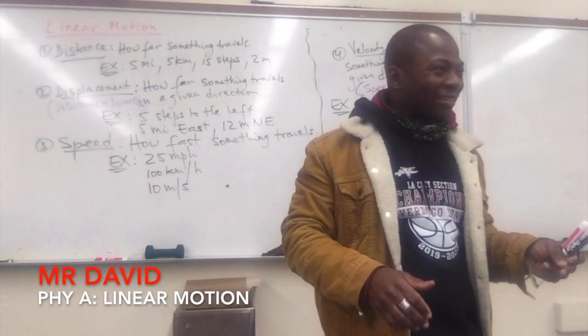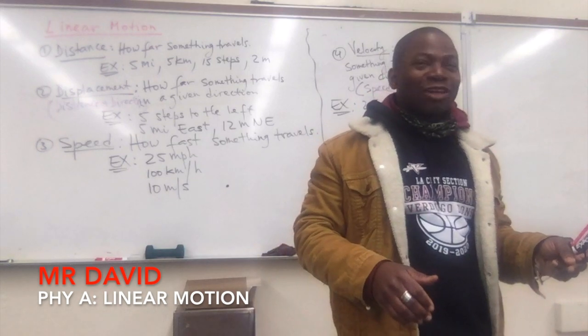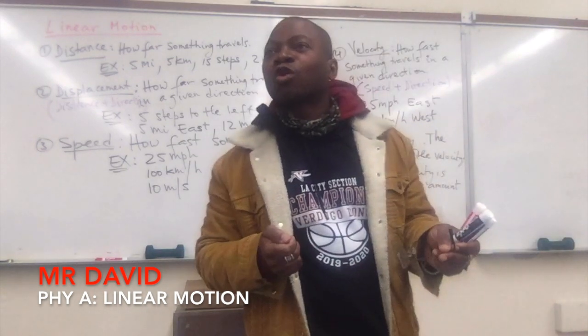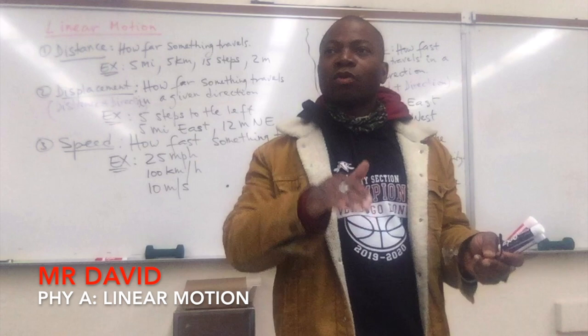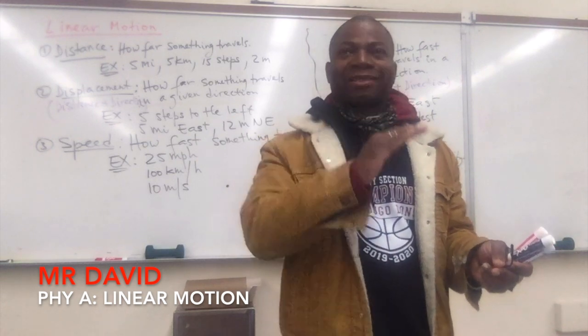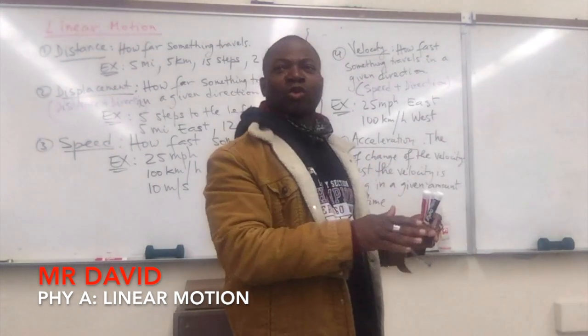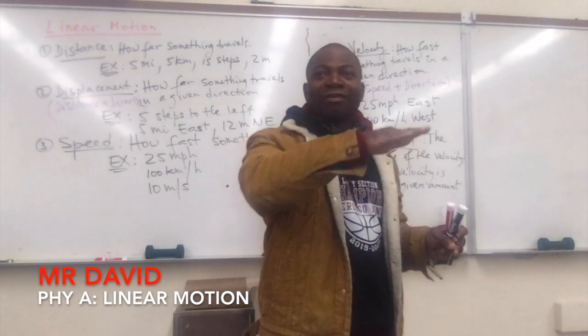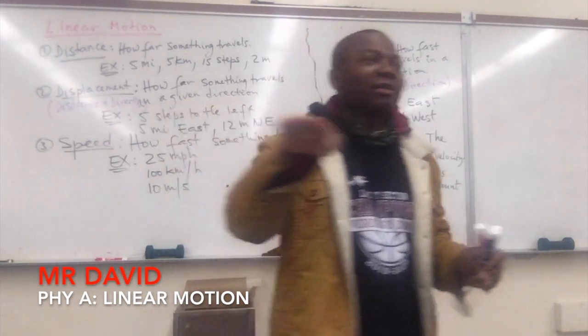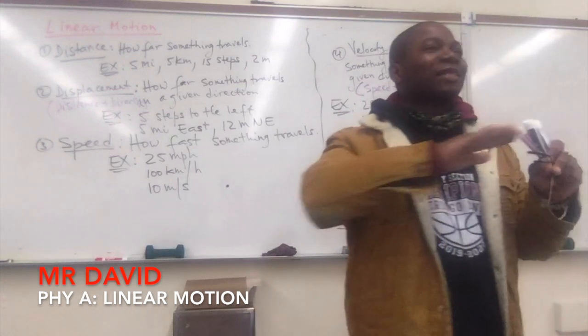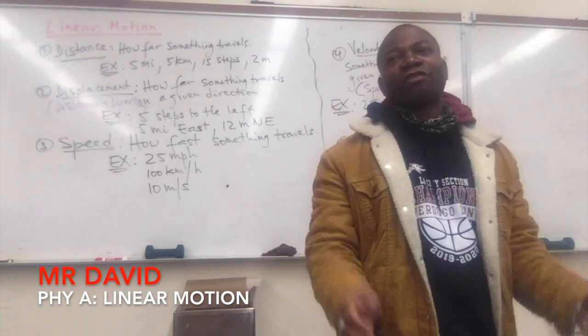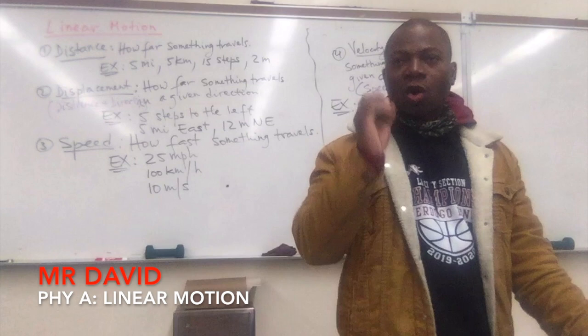It makes sense? It's almost like putting your car on cruise control, right? So you select the speed. You say, okay, I want my car to just go cruise control. So when your velocity is constant, your acceleration is 0 because there's no change in the velocity. It's constant.